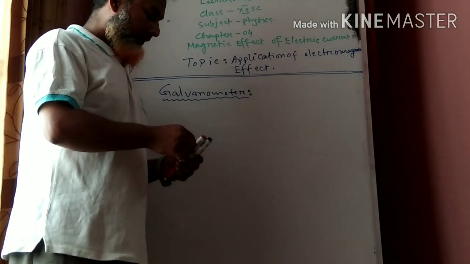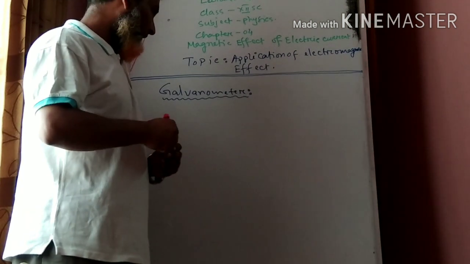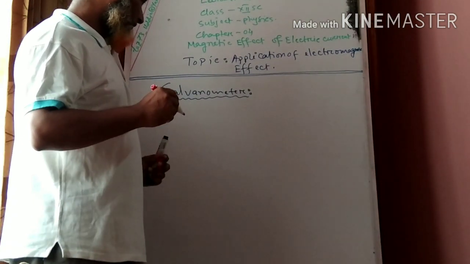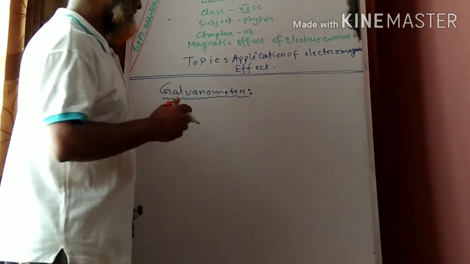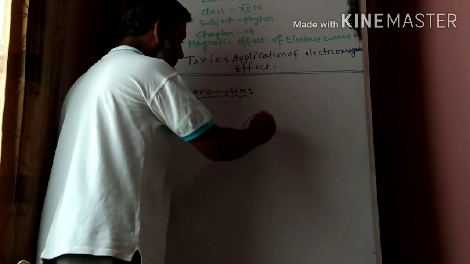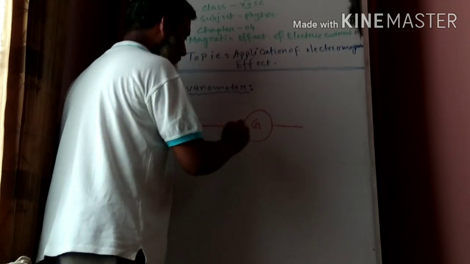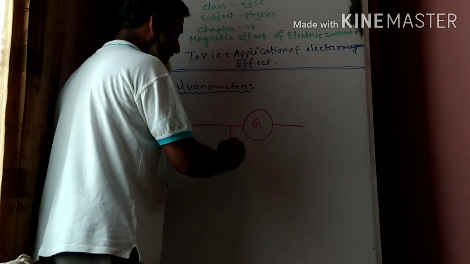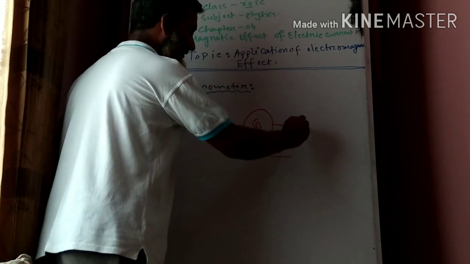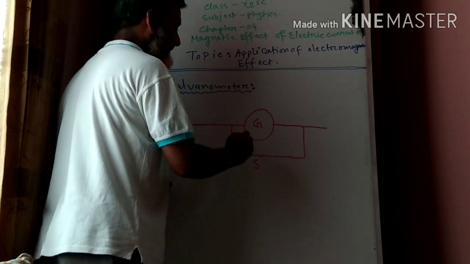I am not going into detail of the construction of the galvanometer, but I am drawing a simple construction, and I am going to show you how electricity passes through it. This is the galvanometer device. With the galvanometer there is always a small resistance connected, and that small resistance is called shunt.